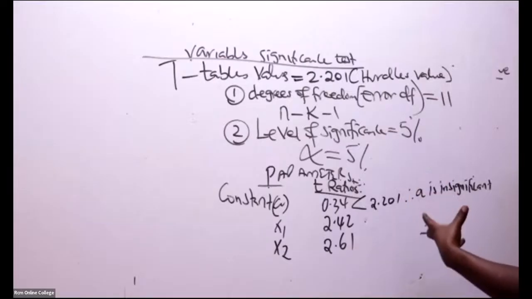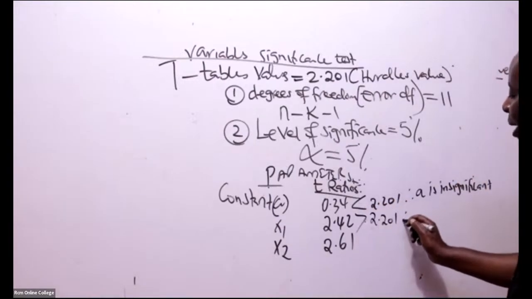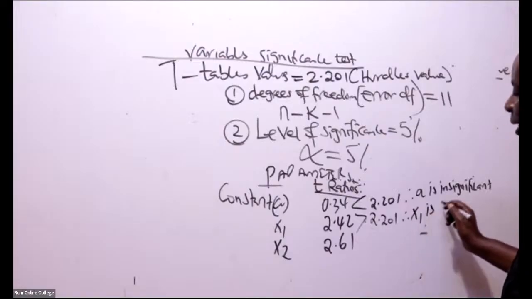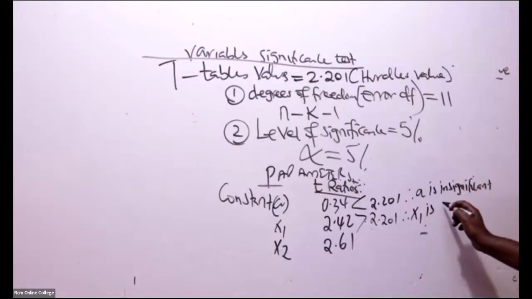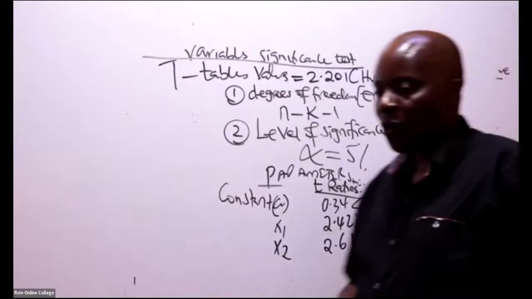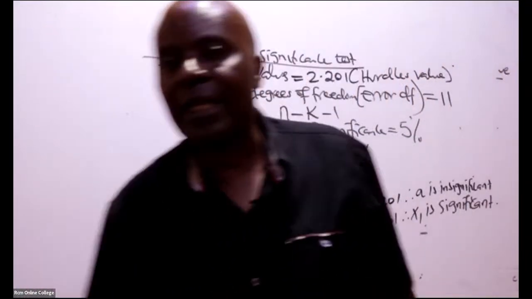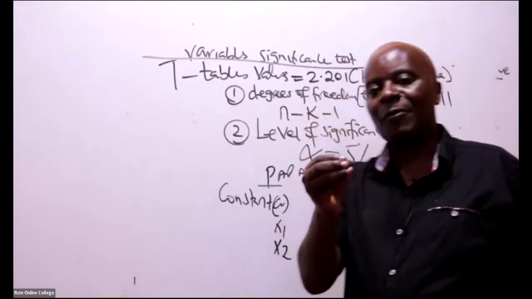They are very significant. They are higher than this. So this is more than 2.201, meaning that x1 is significant. X1 is significant because already we were able to get the threshold of significance.